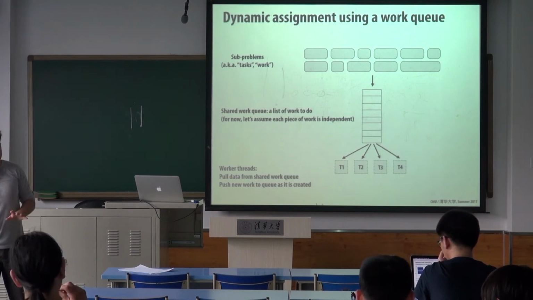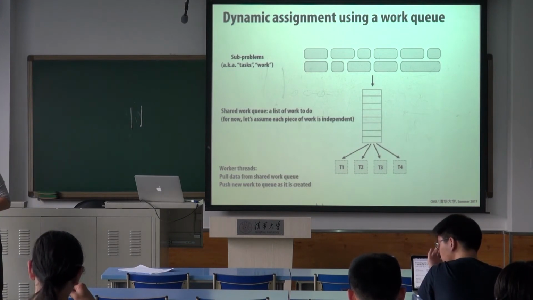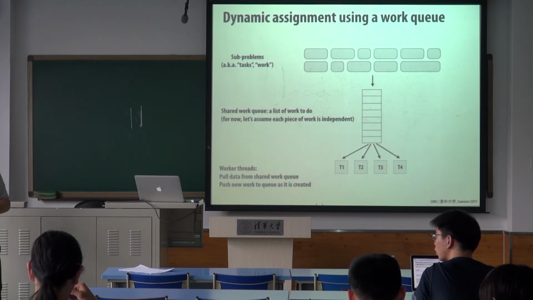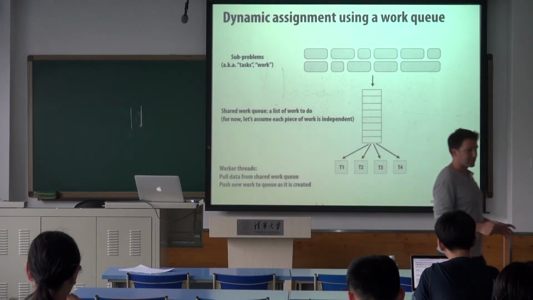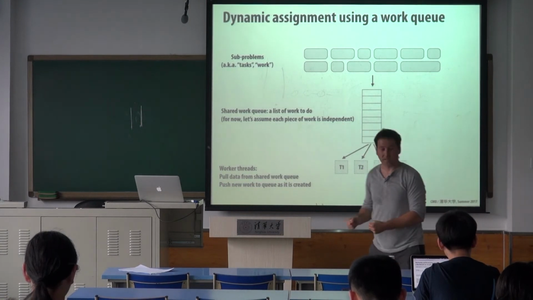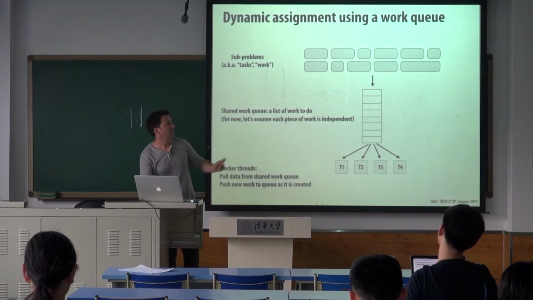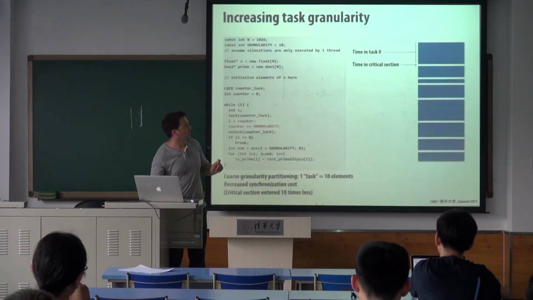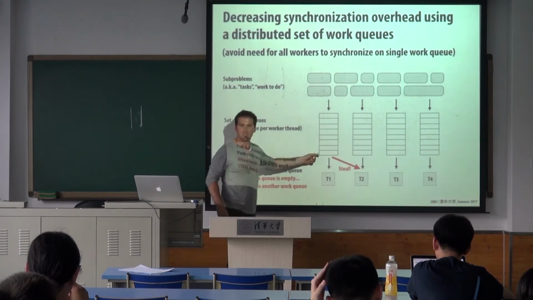So I'm going to have a list, he's going to have a list, we're going to do our own work. And only if I run out of work, I'm going to go over to Yan's list and say, I'm going to take this because I need something to do. Okay. So one answer would be to move from one queue to many queues.